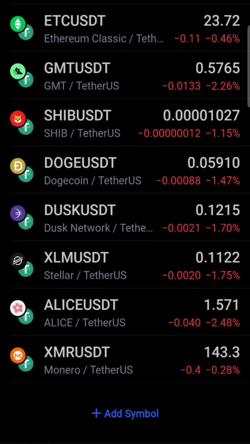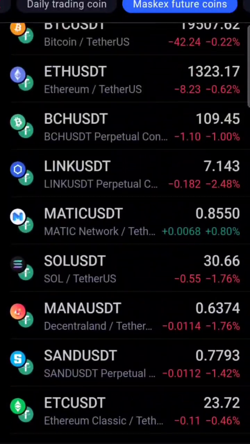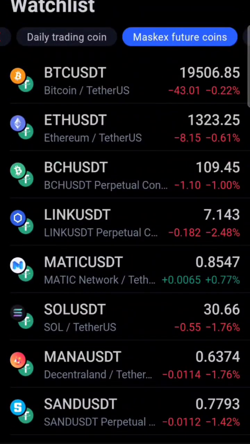So many things are happening, and we are still heading backward in the market, but don't worry, the market will still bounce back anytime soon. So what do we do now?